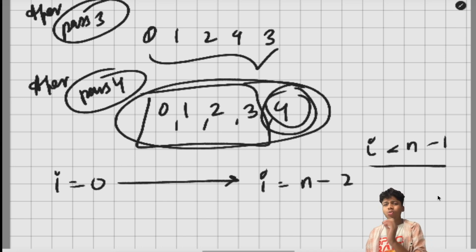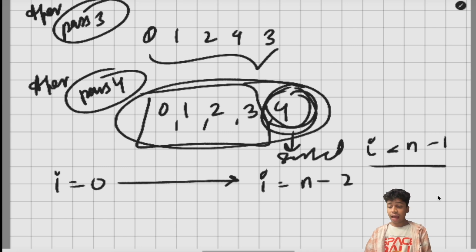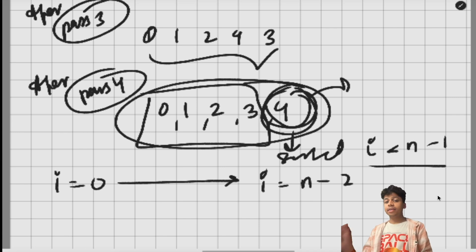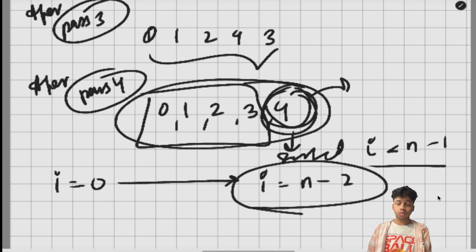So there's no chance कि तुम इस चीज को लो and तुम देखो कि if it is sorted or not, because it came here by getting swapped, because it is the bigger element, so it is already sorted, and we don't have any adjacent element to compare and check whether it can be swapped or not. So it goes from i equals 0 to i equals n minus 2.